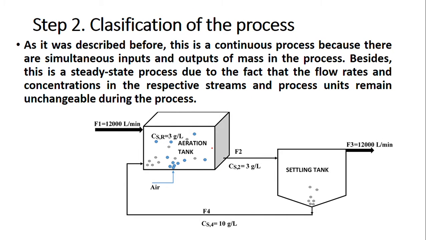Step 2. Classification of the process. As described before, this is a continuous process because there are simultaneous inputs and outputs of mass in the process. Besides, this is a steady-state process because the flow rates and concentrations in the respective streams and process units remain unchanged during the process.